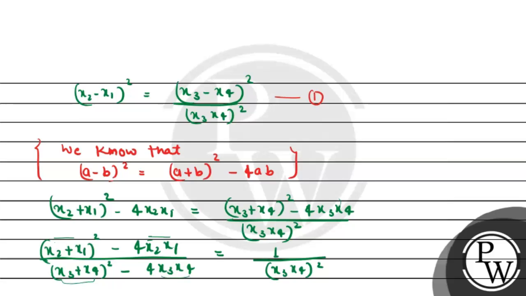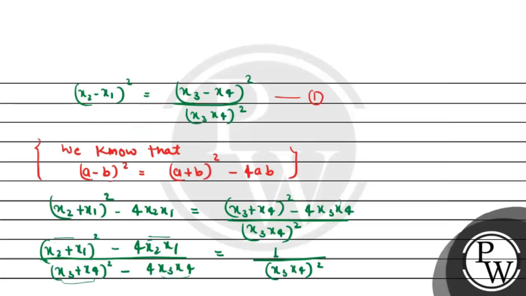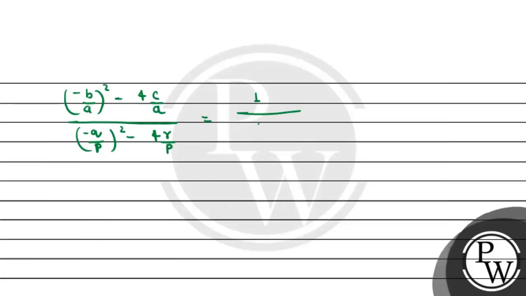Now put the values of all these. Then our equation will be: the sum of roots minus b upon a, whole square, minus 4 times the product of roots c upon a, whole upon, for the second quadratic equation, the sum of roots minus q upon p, whole square, minus 4 into r upon p, is equal to 1 upon the product of roots of the second quadratic, r upon p, whole square.